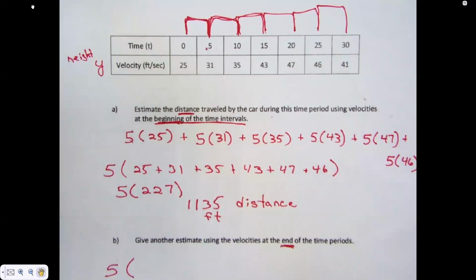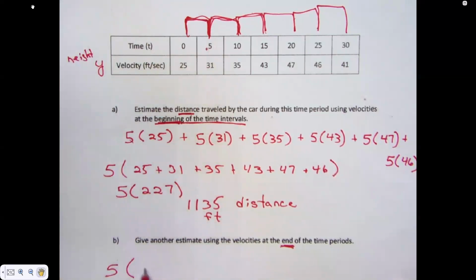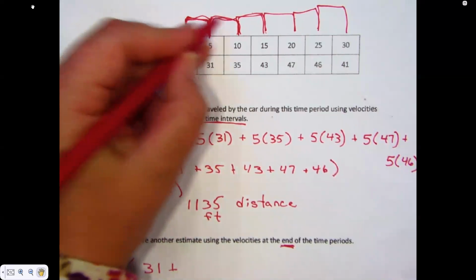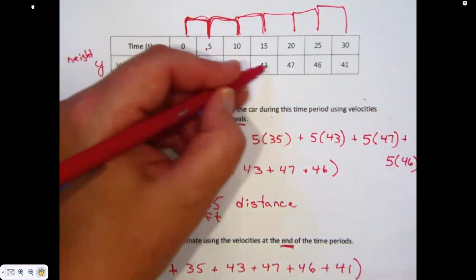Yeah, 31. So now we're doing this rectangle, but we're using this side. So now it's going to be 31. This rectangle, but now we're going to use 35, 43, 47, 46, and then this time we will use the 41 because now we're using the end.